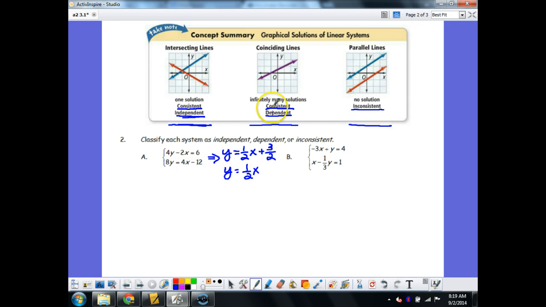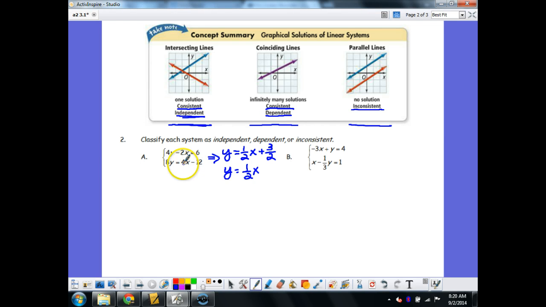So this tells us that these two lines have the same slope. So we're either going to have the first case, coinciding lines, or parallel lines. Lines that intersect in just one point have different slopes. Since these two have the same slope, we will have one of those last two cases.